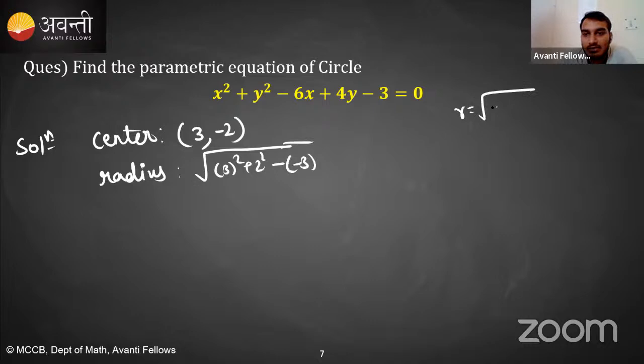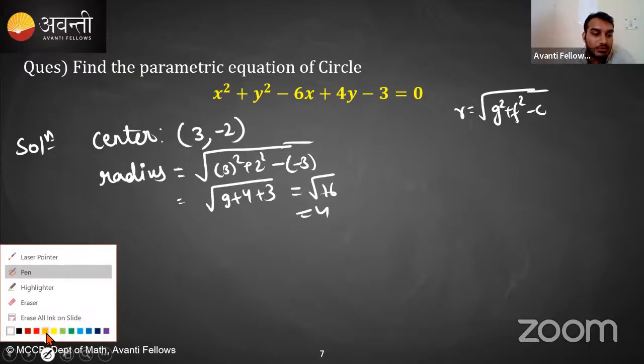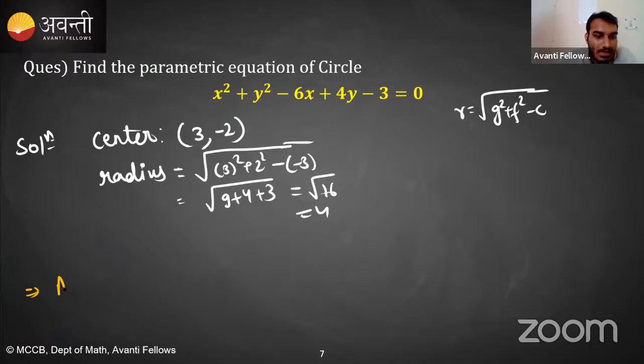Radius is nothing but g square plus f square minus c, under root. So the radius is 9 plus 4 plus 3, so under root 16, which is 4. So this is a circle with center 3 comma minus 2 and radius 4. Yes or no?